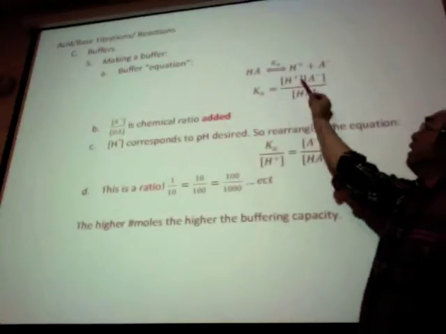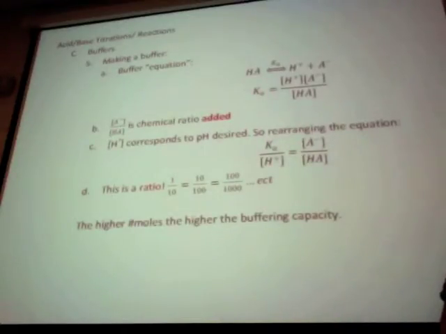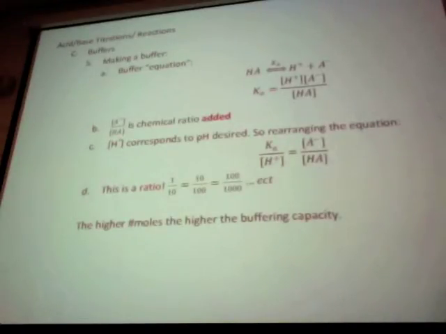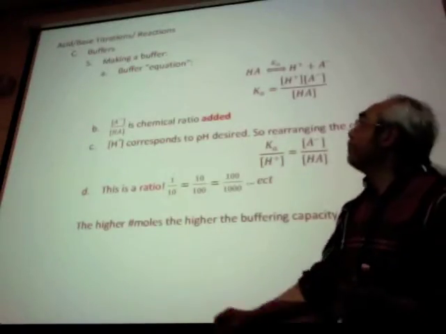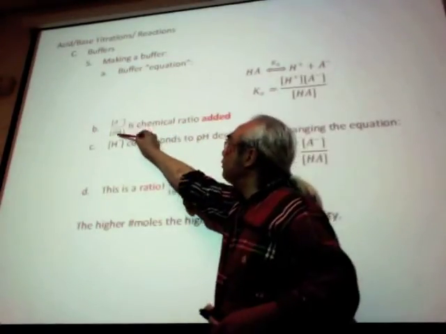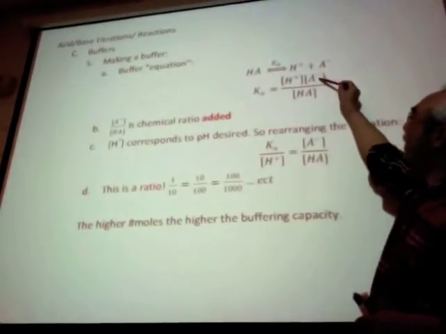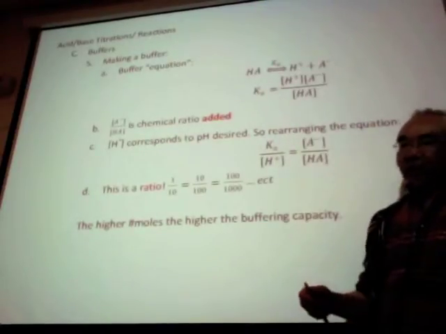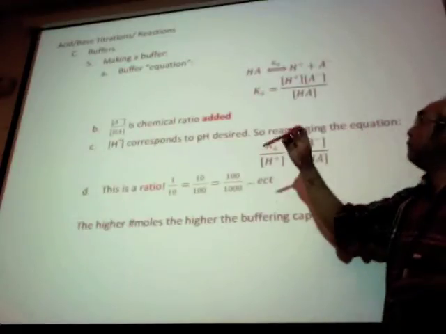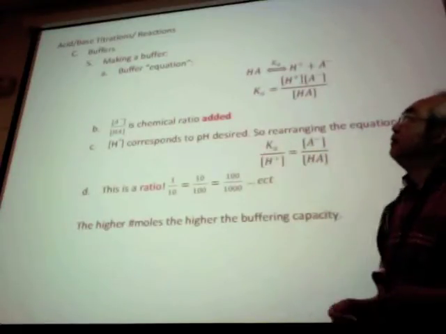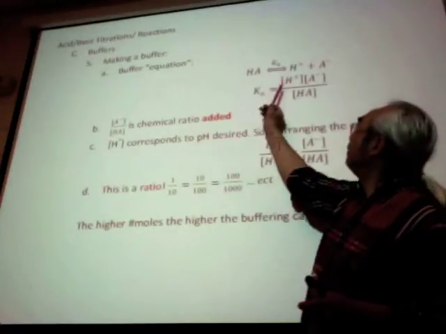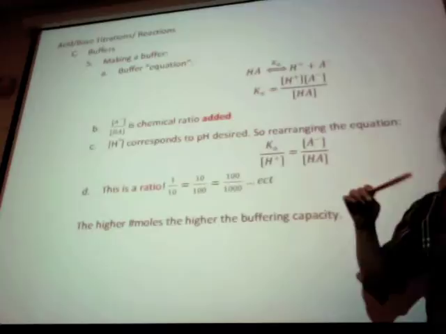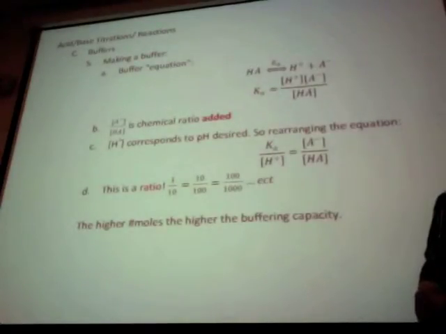So anybody can memorize this formula, right? This is my buffer equation. Again, this ratio will indicate the two chemicals externally added, not ionized from one chemical. Keep that in mind. The H plus will correspond to your desired pH, whatever level you want to maintain.